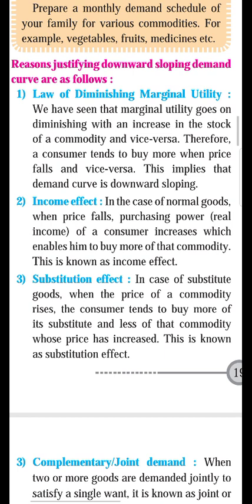In the case of substitute goods, when the price of the commodity rises, the consumer tends to buy more of its substitute. What is the substitute of tea? The substitute of tea is coffee. So people tend to buy more coffee because there is a rise in the price of tea.